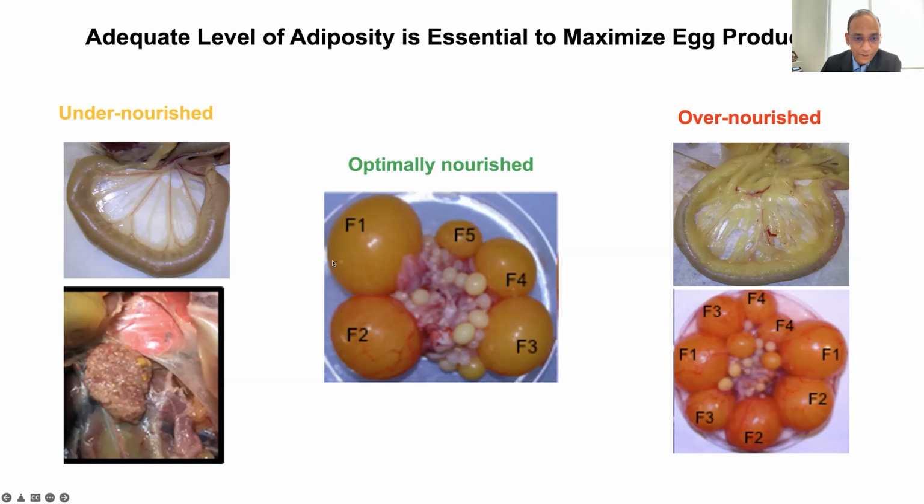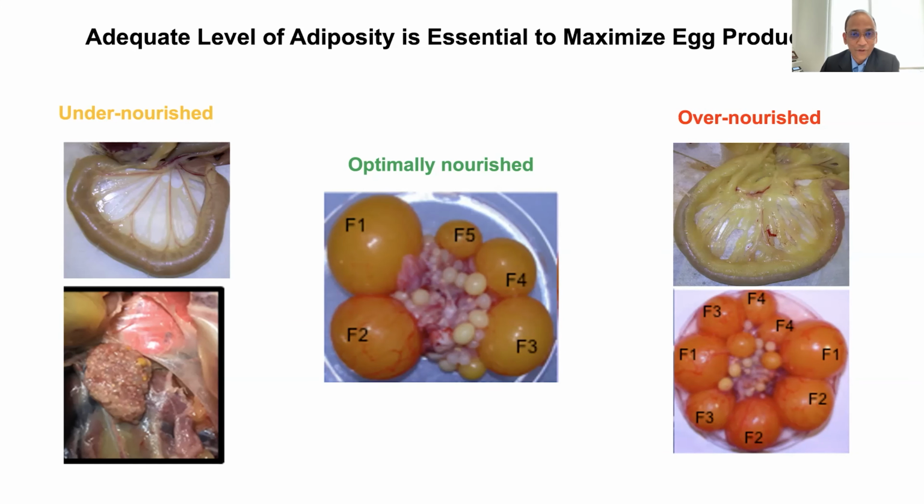This is what we ultimately want to achieve without much intervention, with ad lib feeding, or feeding to a level that will support consistent egg production over the entire production lifespan.